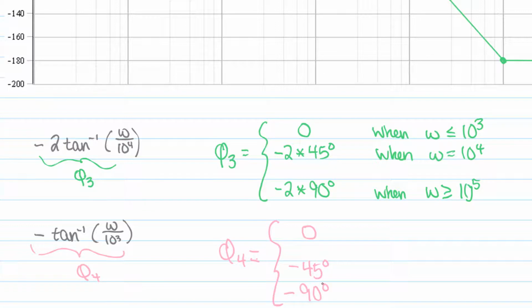It's 0 when omega is less than or equal to 1/10 of the denominator. And if the denominator is 10 to the third, 1/10 of that is 10 squared. It's equal to negative 45 when the numerator and denominator are equal. So that's when omega equals 10 to the third.